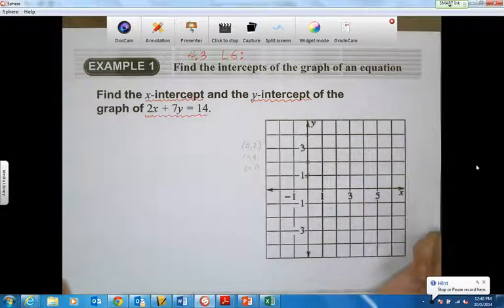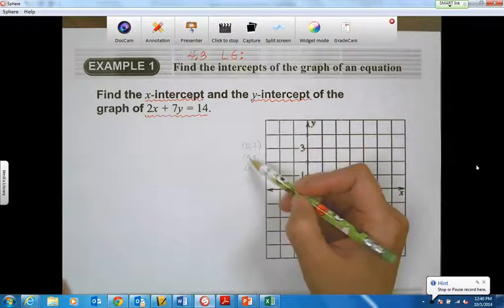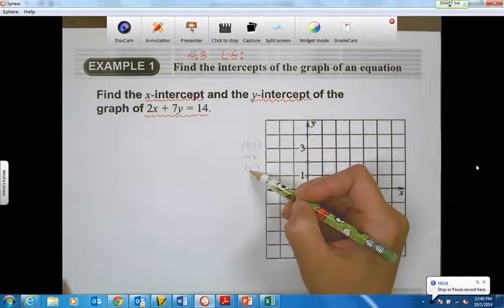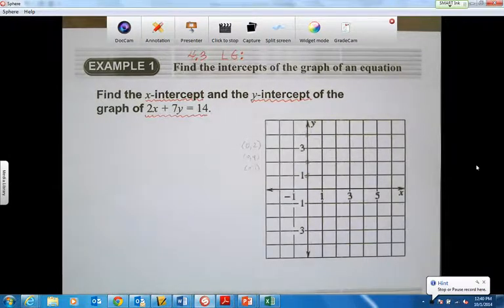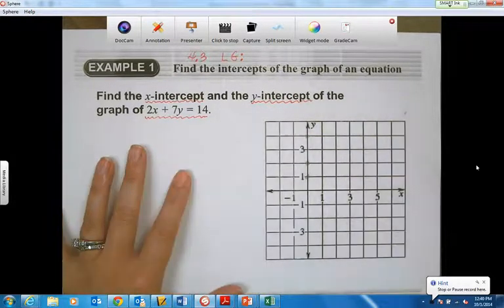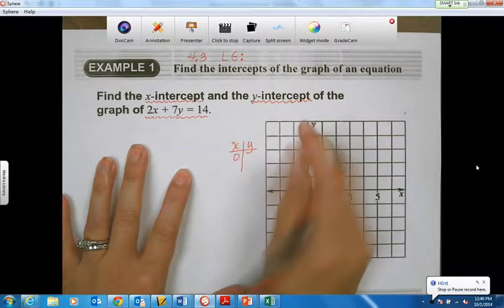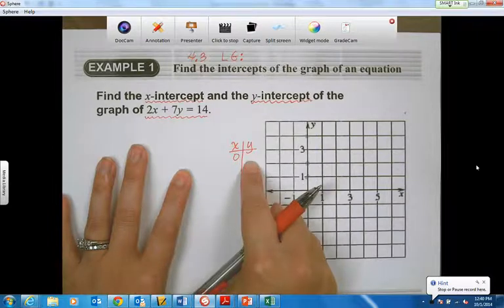That's important. So in order to find the y-intercept, I need the x to be 0. Does that make sense? So now we're going to plug in 0 for x and solve, and it will tell me what y should be, which will be the y-intercept.